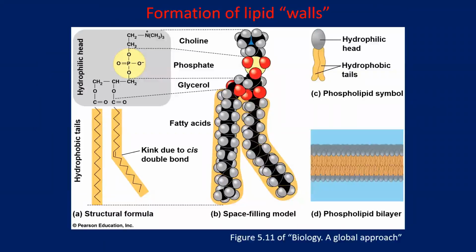Again, here I'm showing one example of formation of a particular ordered structure inside the cell. This is the formation of the lipid wall, and you can see the hydrophilic head and the hydrophobic tail.